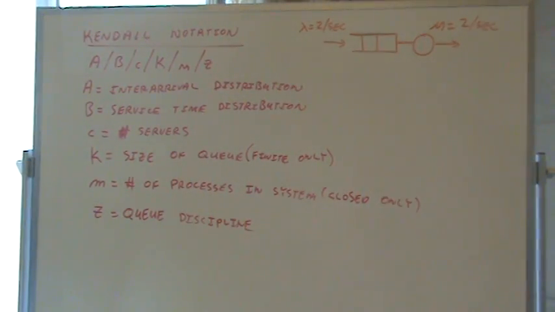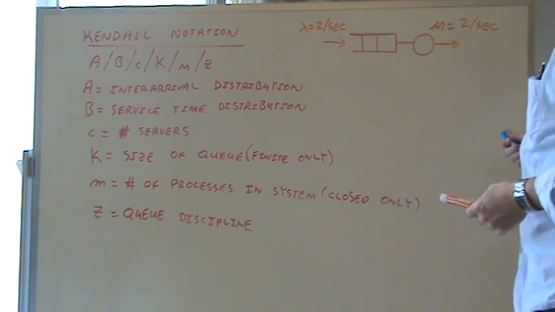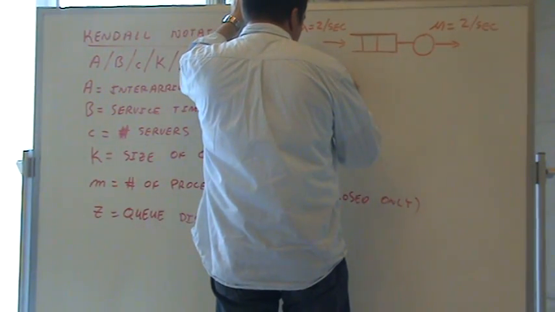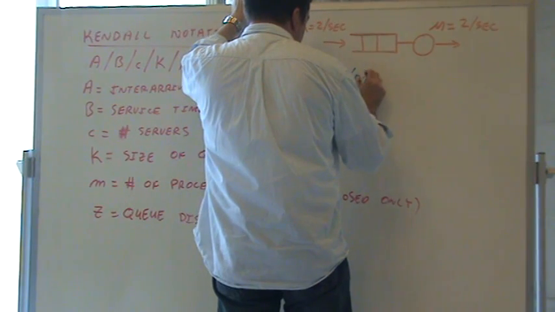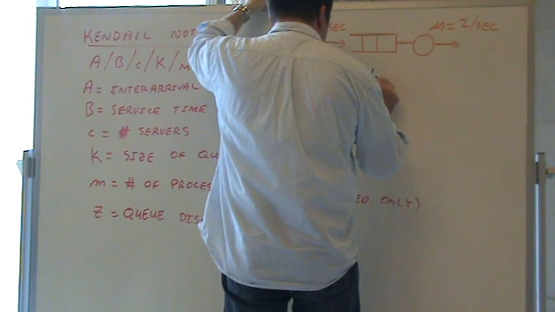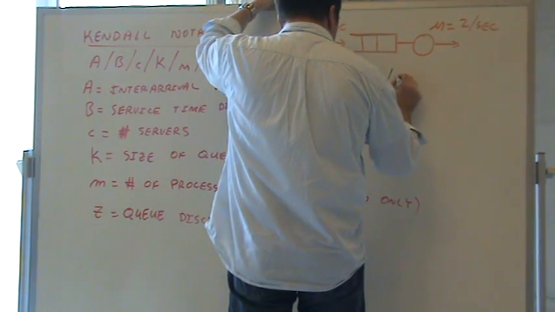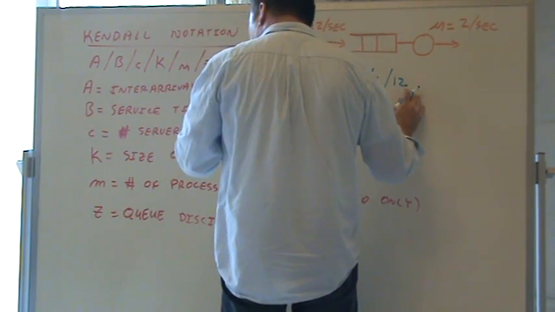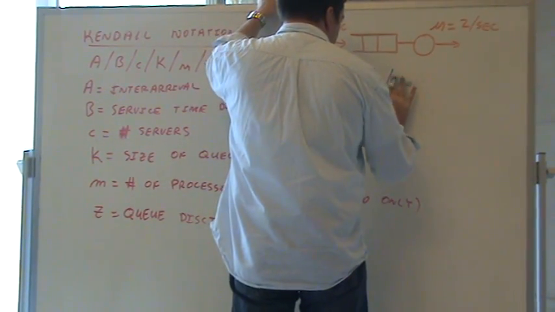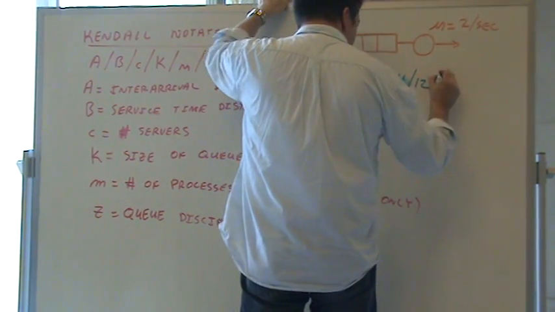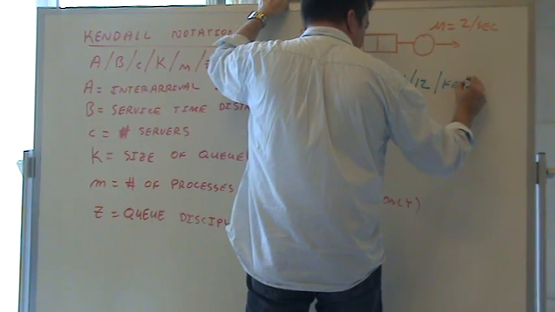So if we had a queuing system, and I'll explain this in a second, but if we said something like this: M, D, 3, 4, 12, first come, first serve.